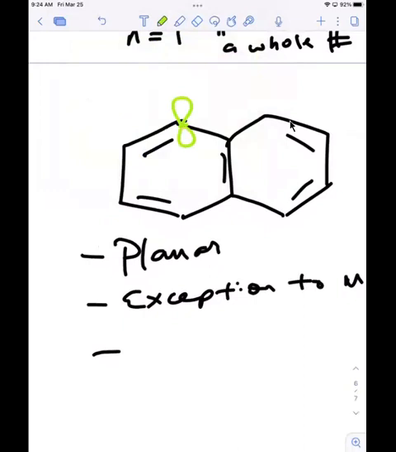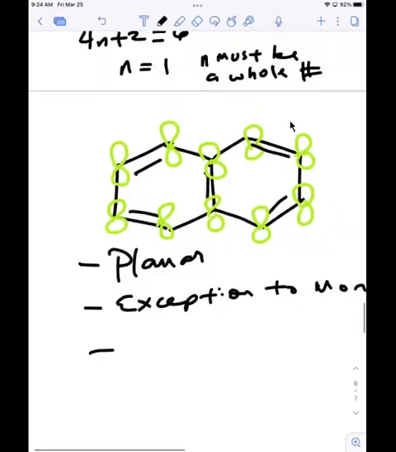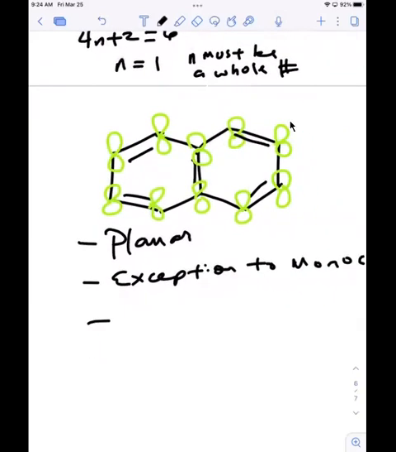We've got a p orbital here, one here. Everywhere that there's a double bond, that's 2 p orbitals. You can see for this molecule that there is a p orbital on every carbon. So the question of whether or not it's fully conjugated, the answer is yes.